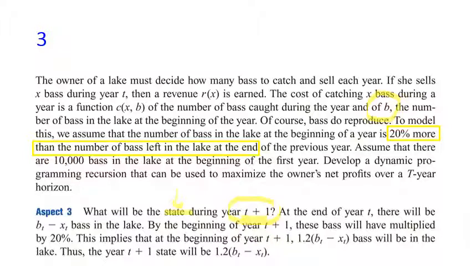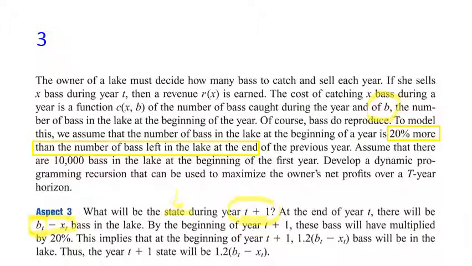So you start with BT fish at the beginning of year T, and then you catch XT fish. So at the end of the year you will have BT minus XT fish in the lake, right?